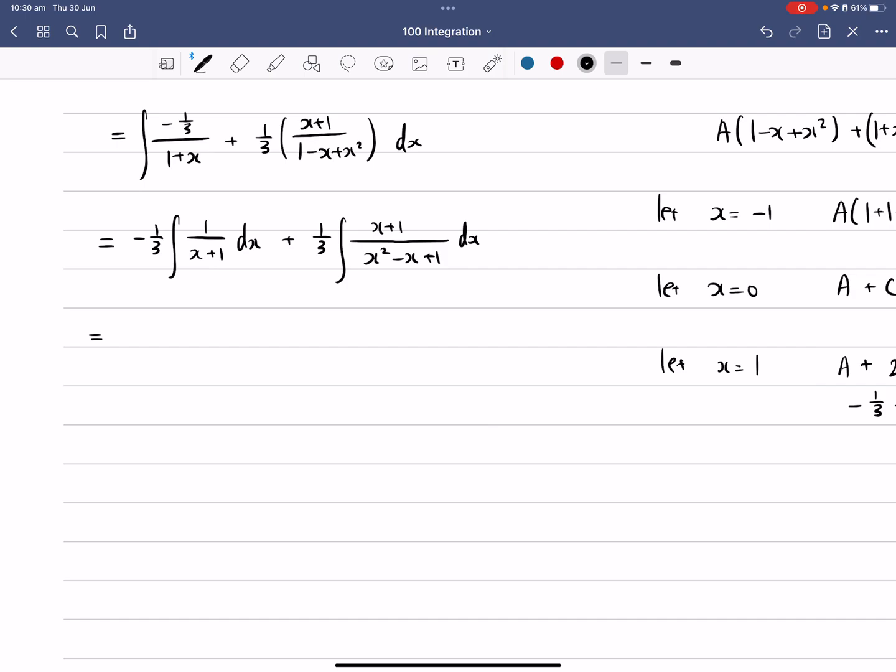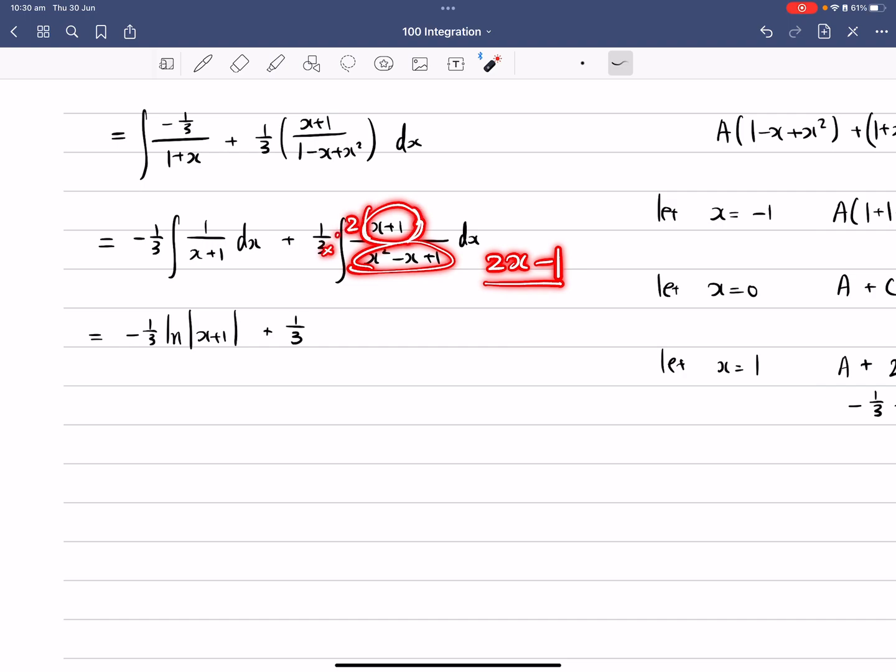The first one is just -1/3 ln absolute value of x plus 1. For the second one, the derivative of the denominator is 2x minus 1, so I want to get 2x minus 1. If I put a 2 here, I need to times by 1/2 outside, so times by 1/2, that gives you 2x plus 2.